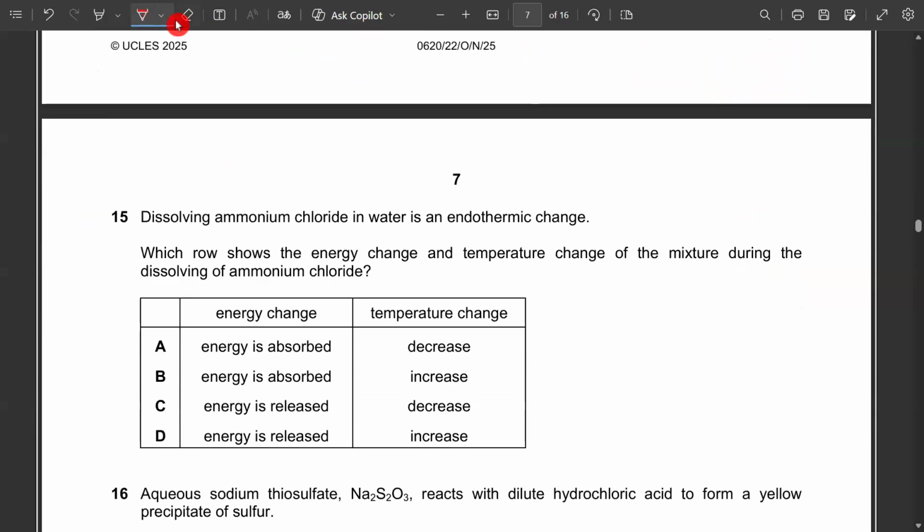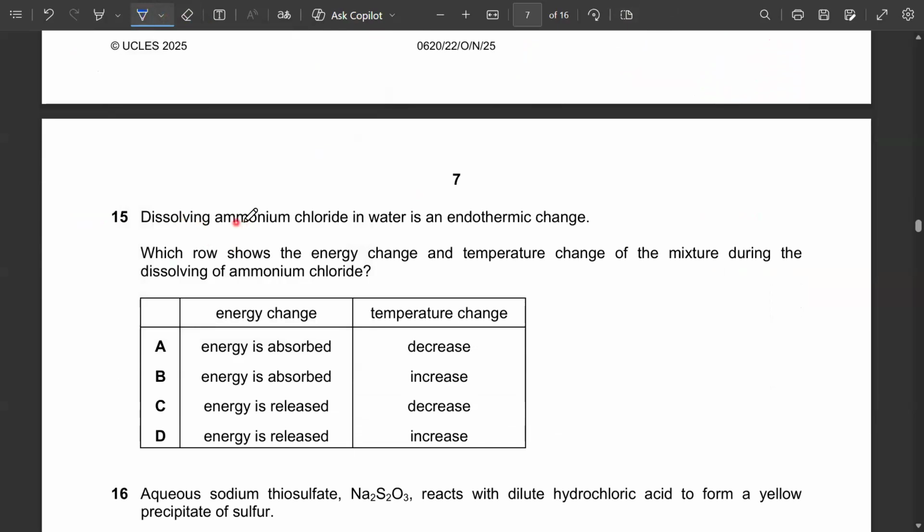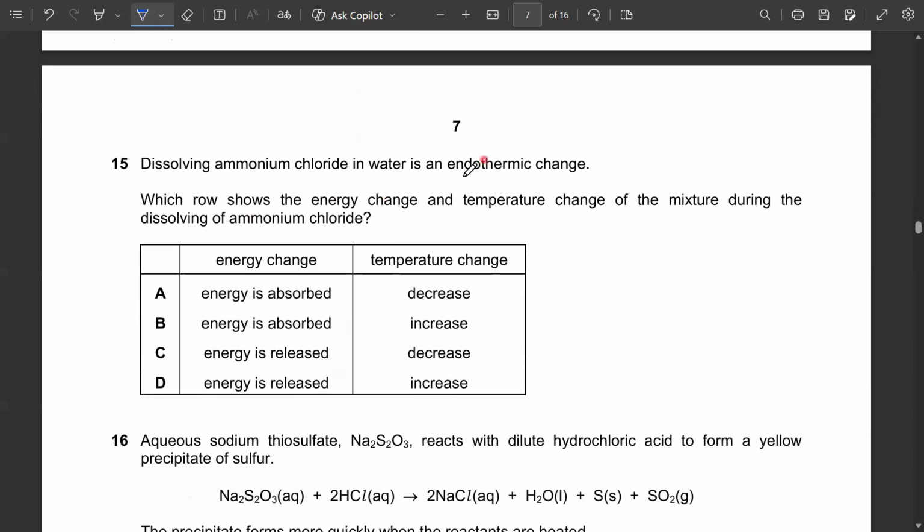Question number 15. Dissolving ammonium chloride in water is an endothermic change. Which row shows the energy change and temperature change of the mixture during the dissolving of ammonium chloride? So it says the direction is of the endothermic change. So we will be applying the concept of temperature change related to the endothermic. So we remember in the endothermic change there is a cooling process.